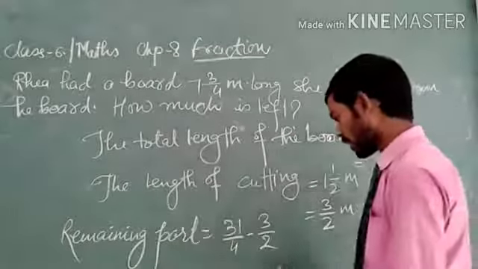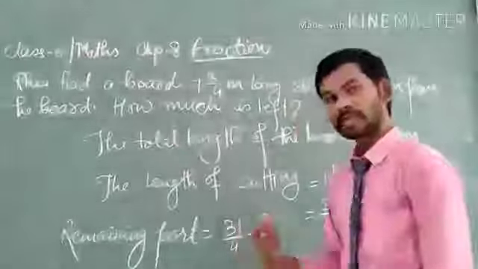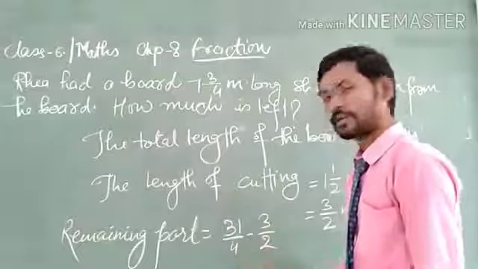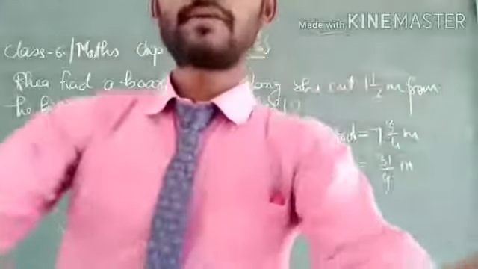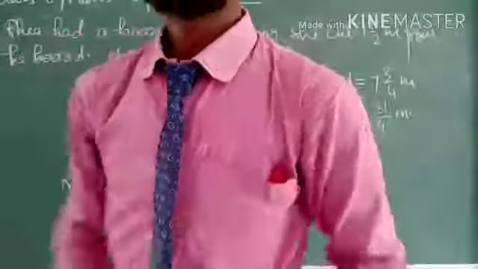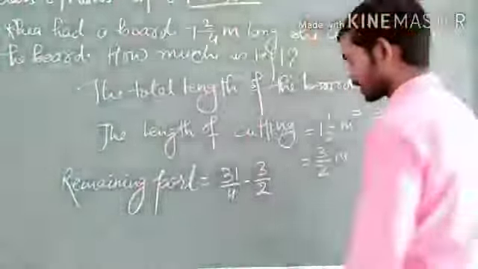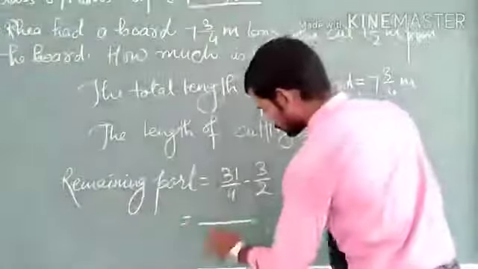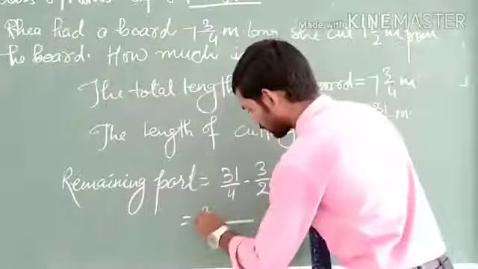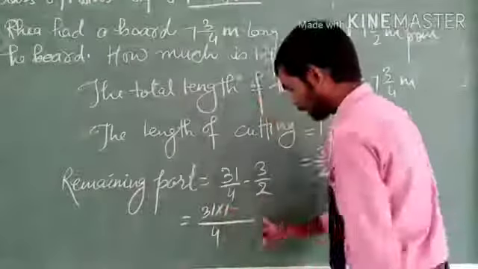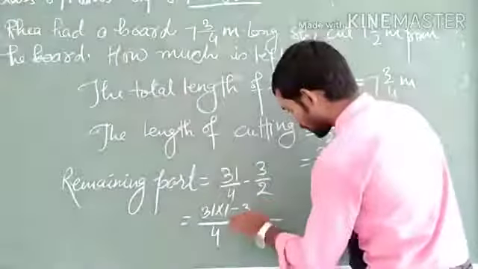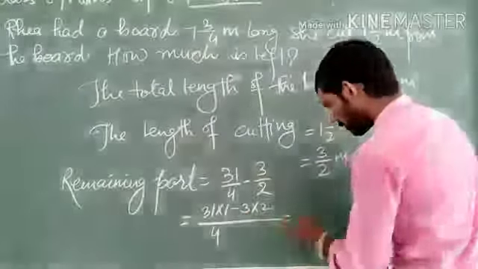Both fractions have different denominators, so first of all we shall find their LCM, and we get 4 as the LCM. 4 divided by 4 is 1, so write 31 multiplied by 1, and when we divide 4 by 2 we get 2 as a quotient, so multiply 3 by 2.